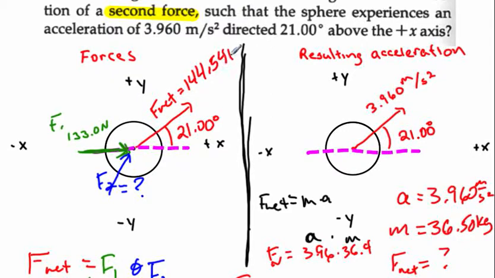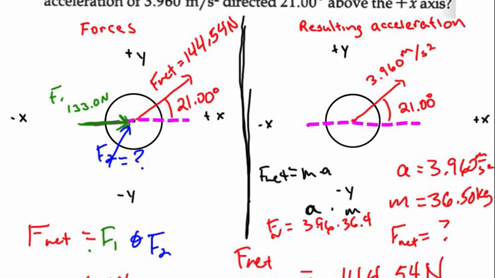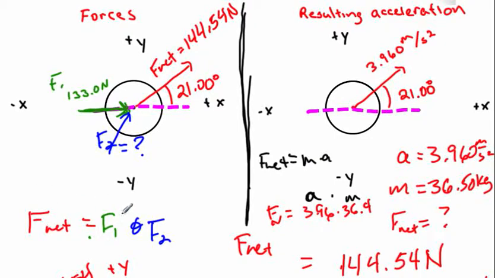144.54 newtons. Okay, now I know the net force. The net force is made up of F1 and F2. And that's what this equation is showing. The F net equals F1 and F2. I don't have a plus sign here, I just have an and sign because it's the components of the force 1 and the x and y components of the force 2 added together to make the F net.